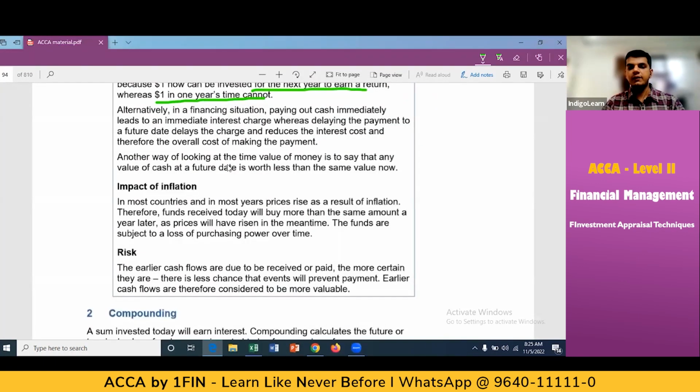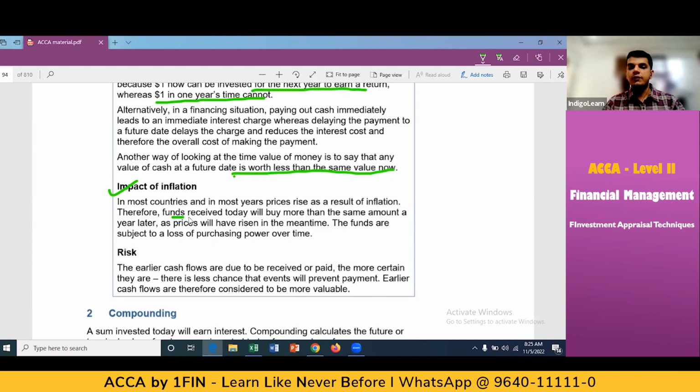Then another way of looking at the time value of money is to say that any value of cash at a future date is worth less than the same value now. Impact of inflation. As we have already discussed, in most of the countries and in most years, prices rise as a result of inflation.